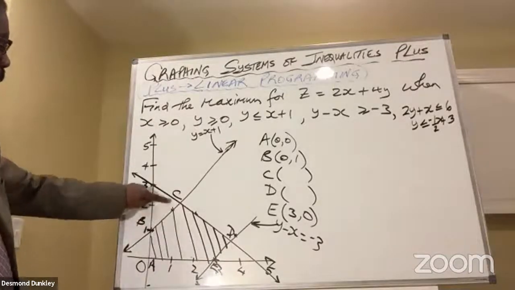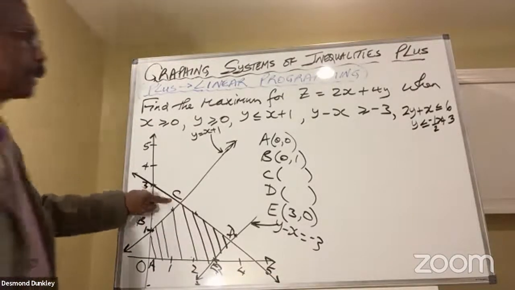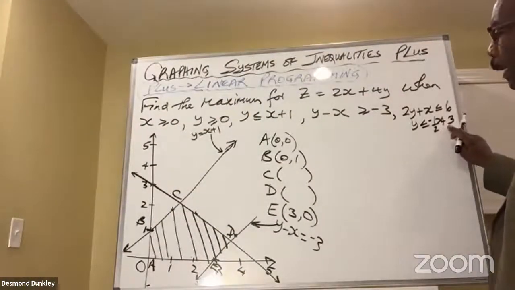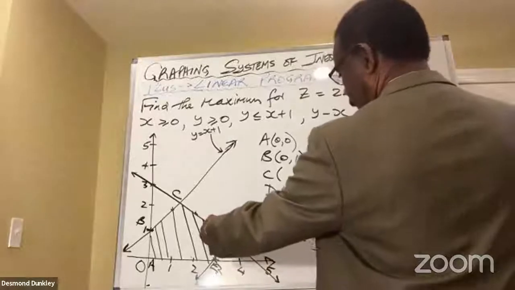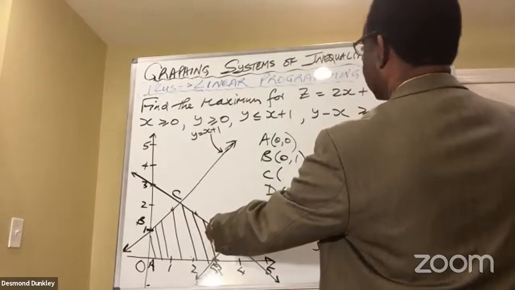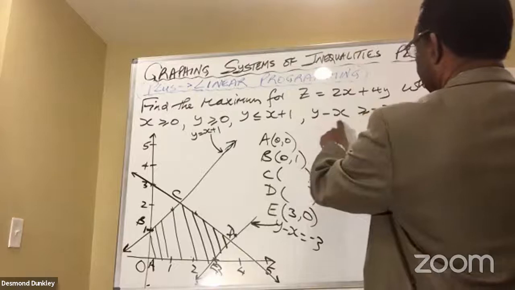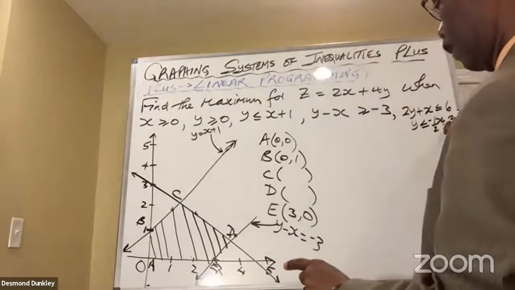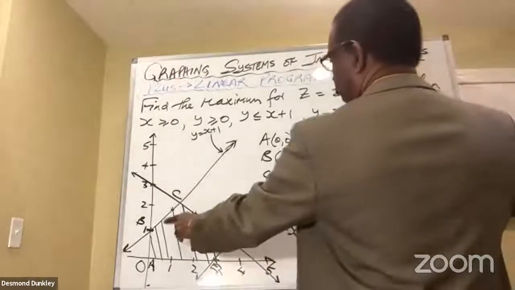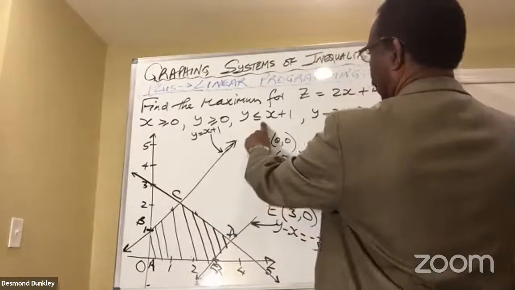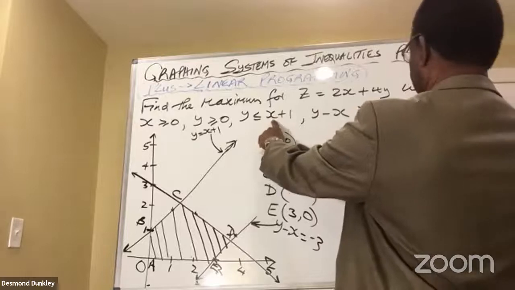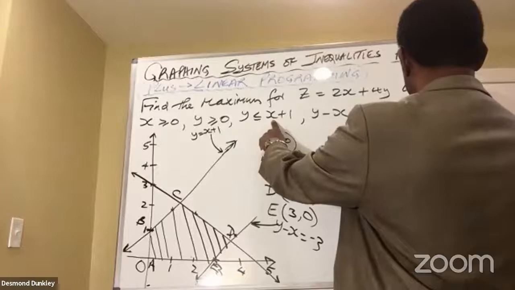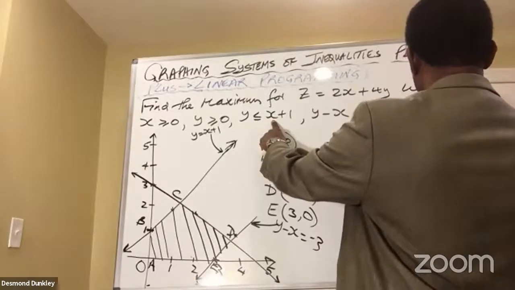Okay, so for the first one, C, we're looking at y is less than or equal to -1/2x plus 3, and the other line is y minus x is greater than or equal to 8. For this one, x plus 1 must be equal to -1/2x plus 3.